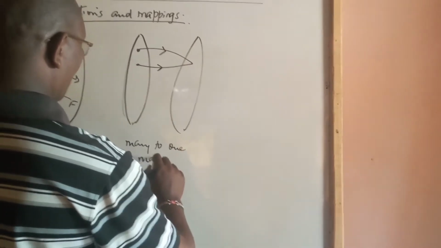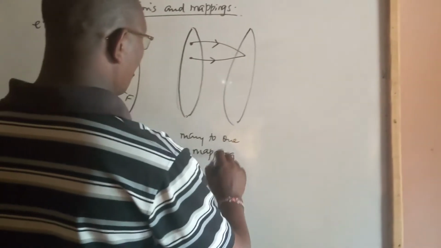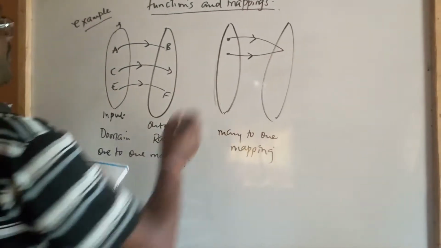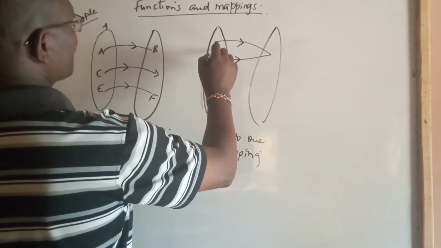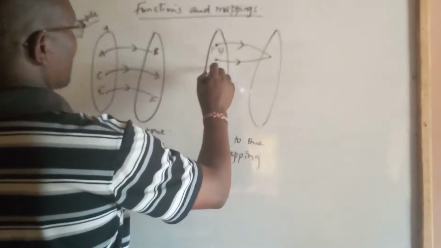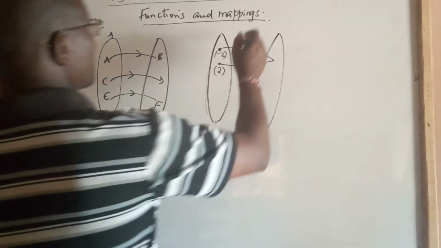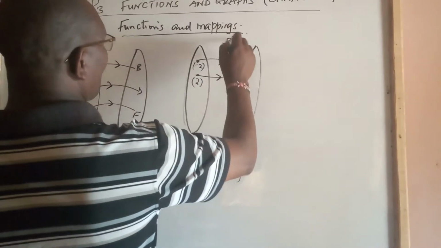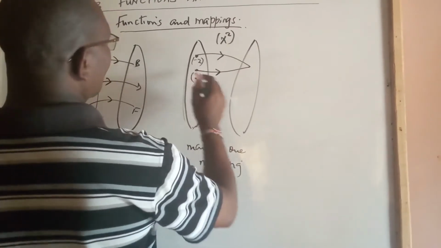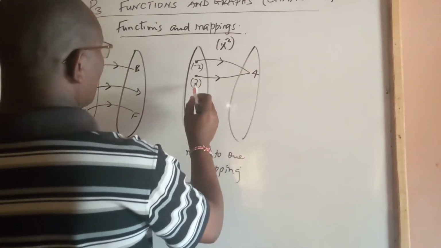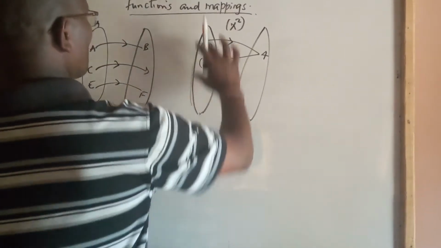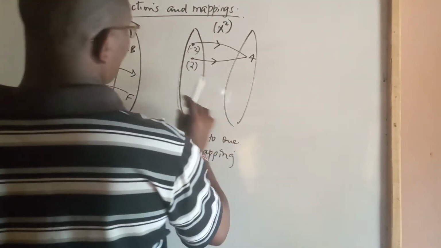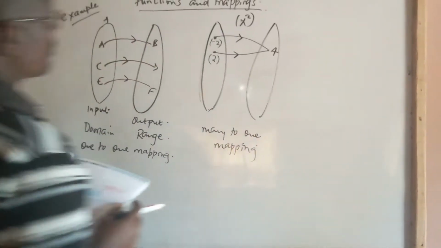For example, if the rule of the game has -2 as an input and +2 as an input, and the operation is x squared, when you square -2, it will give you a 4. When you square +2, it will give you a 4. So two inputs or many inputs can end up giving you one output.